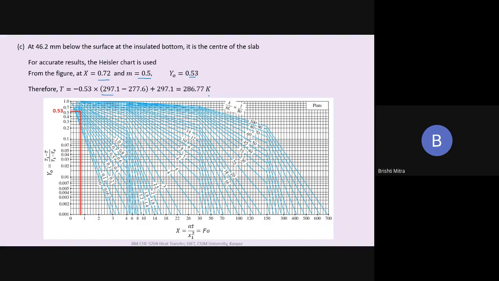The next was the semi-infinite slab and how we can calculate the temperature at any position at any point of time. And the third case is a flat plate that is infinitely long in the y and z directions, but limited in the x direction. That is the difference between the second case and the third case. In the second case, x was infinite. In the third case, x is limited, but y and z are infinite.